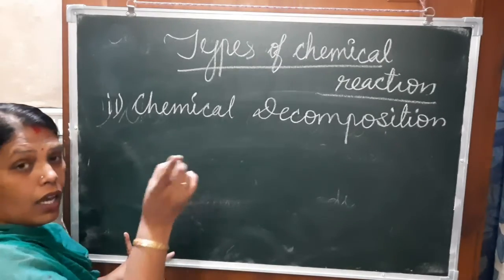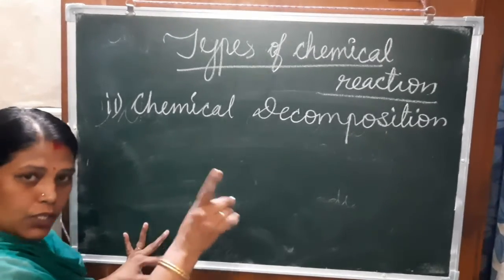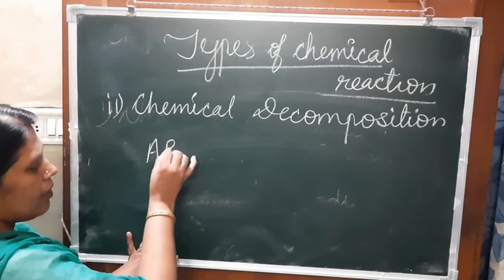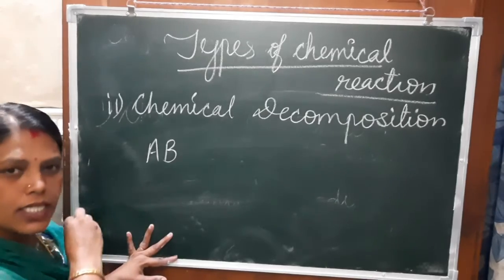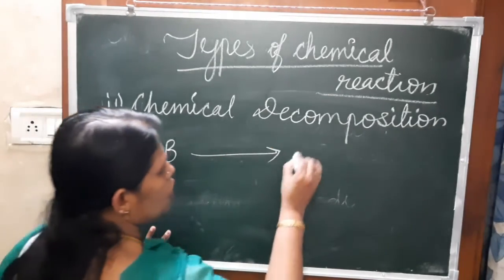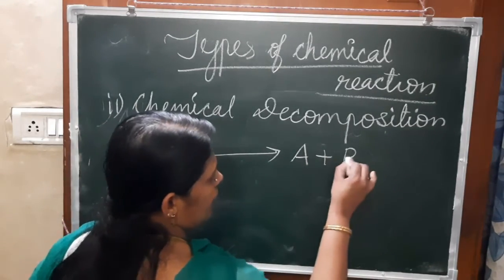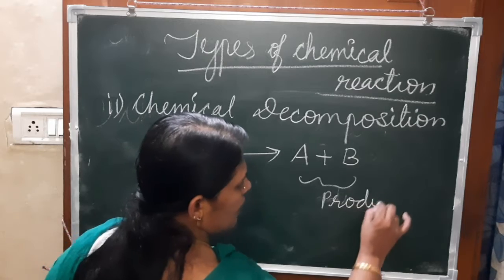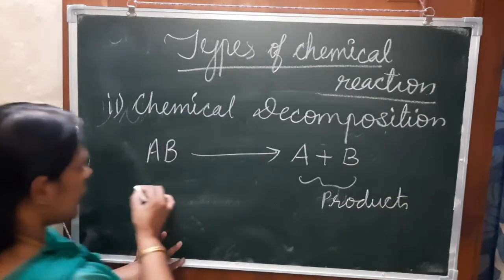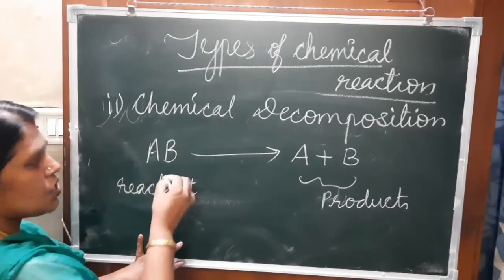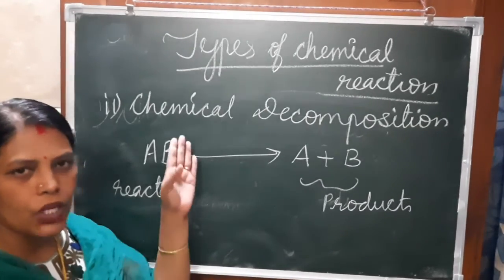That one product becomes the reactant. So here AB is the reactant. It splits up, breaks, and forms two products, A plus B. Two separate products are formed. So it is just the reverse of the chemical combination reaction.